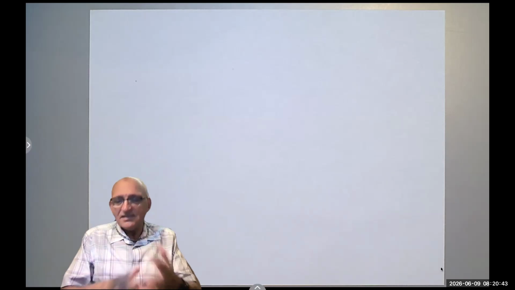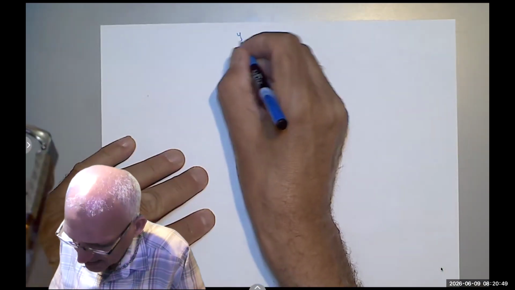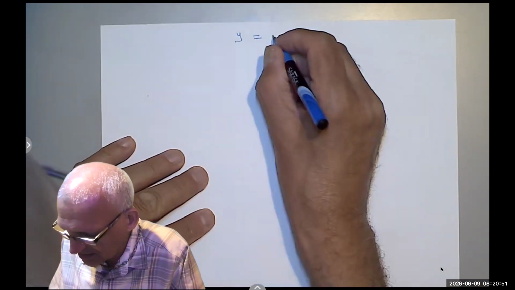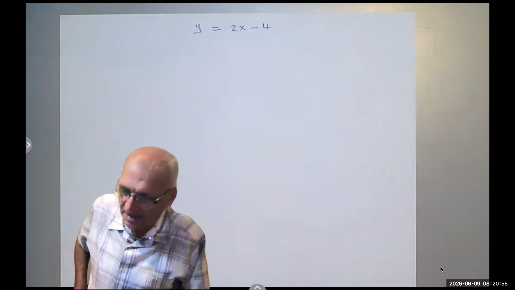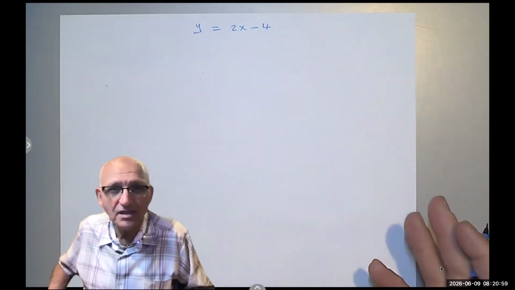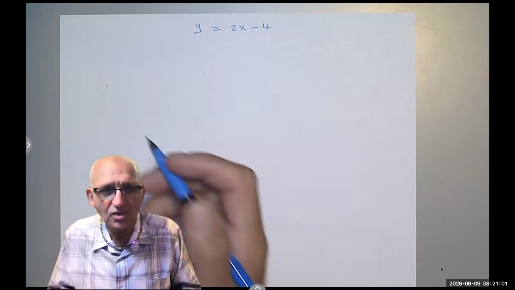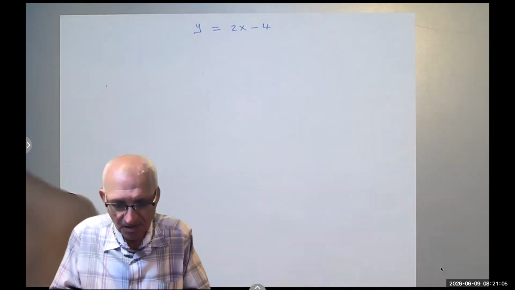So let's write an equation. Let's say, for example, I have y equals 2x minus 4. And you say, but this is only one equation and two unknowns. So can I solve? No, you cannot solve.